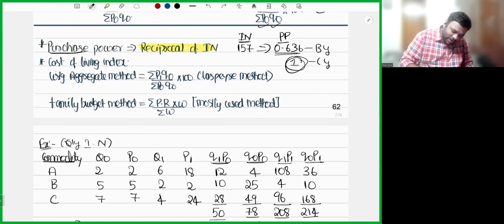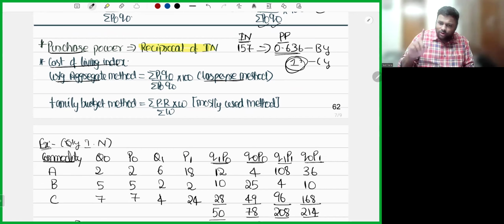Next, cost of living index. I said in our country we'll be using the Paasche method or Laspeyres index number, right? That's the reason this cost of living index using aggregate method is the Laspeyres method formula itself. Whether you call it cost of living index, or index number used in our country, or Laspeyres index number, everything is the same.